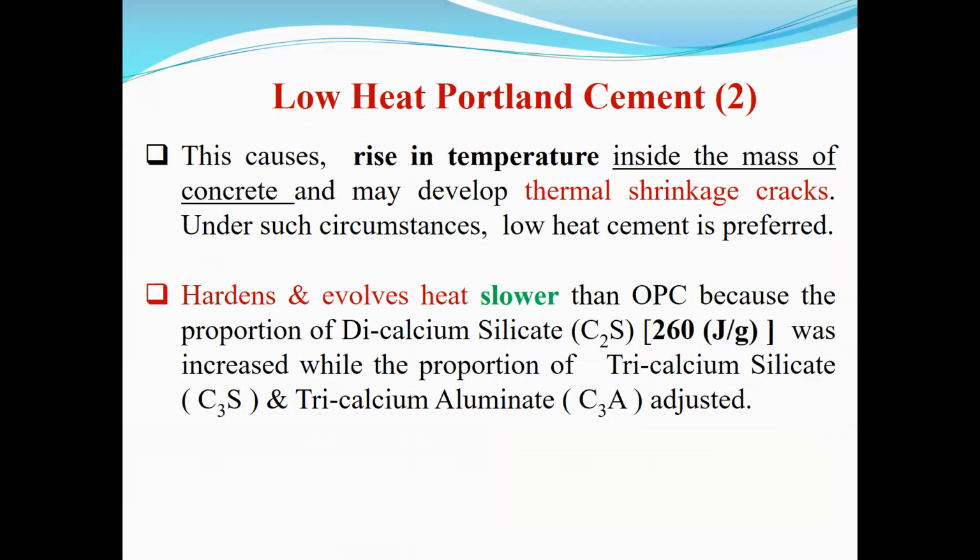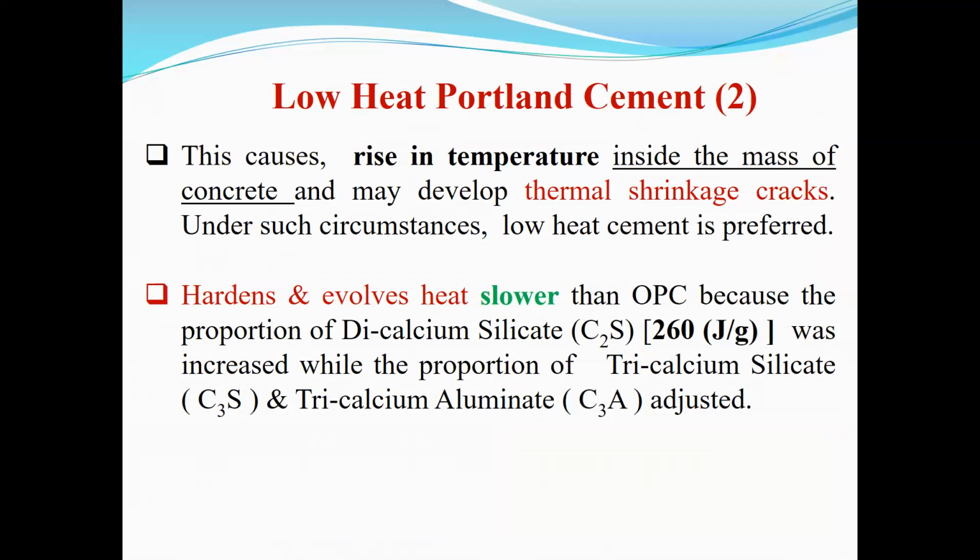So under such circumstances, low heat cement is preferred. If you use low heat cement, the heat generated due to the heat of hydration will be less. That is why low heat Portland cement is used in mass concrete construction.